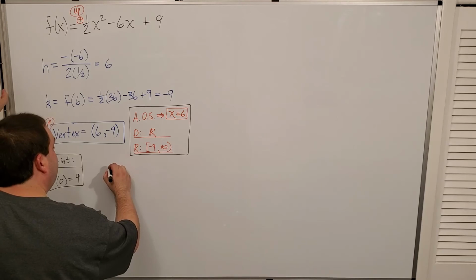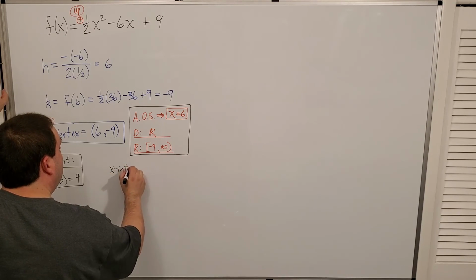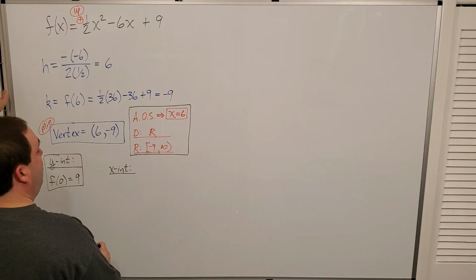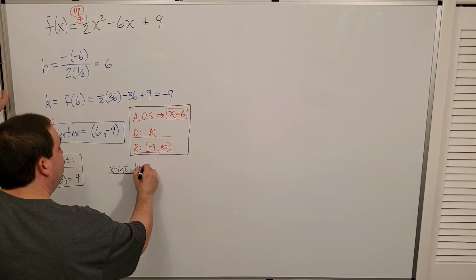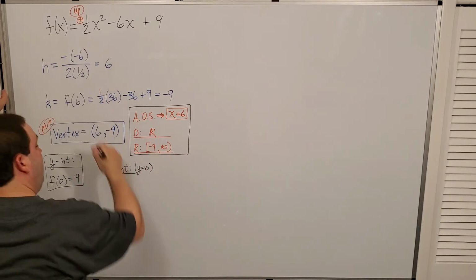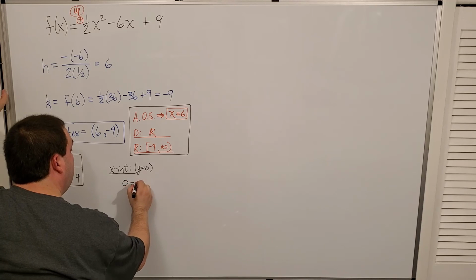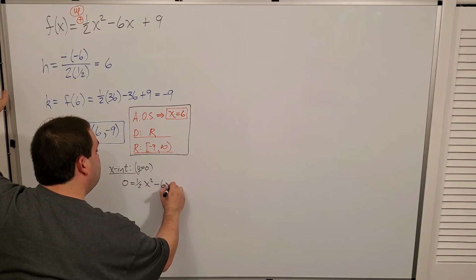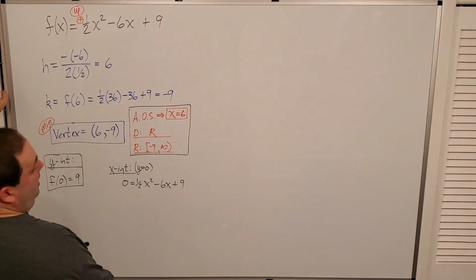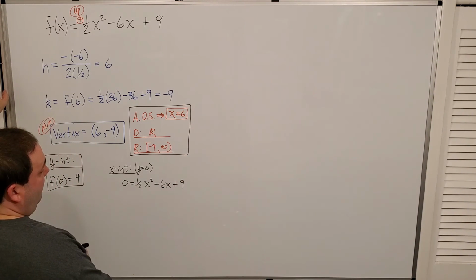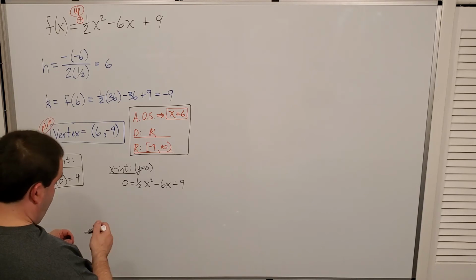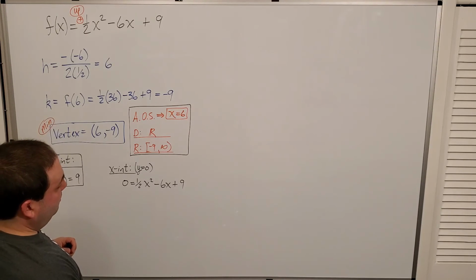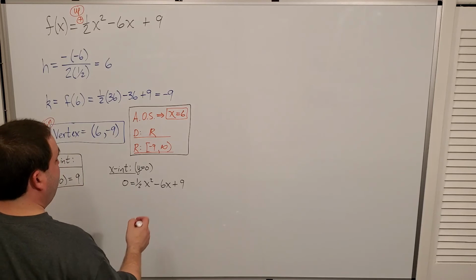So x-intercept is going to have to be where y is equal to 0. And that means I'm solving this equation. 0 equals 1/2 x squared minus 6x plus 9. I'm going to make this a little bit easier on myself by multiplying everything here by 2.